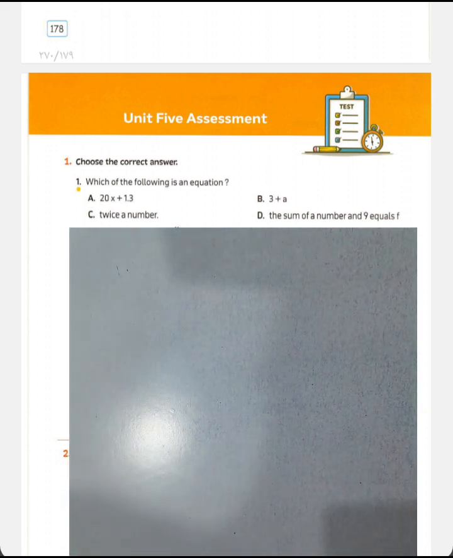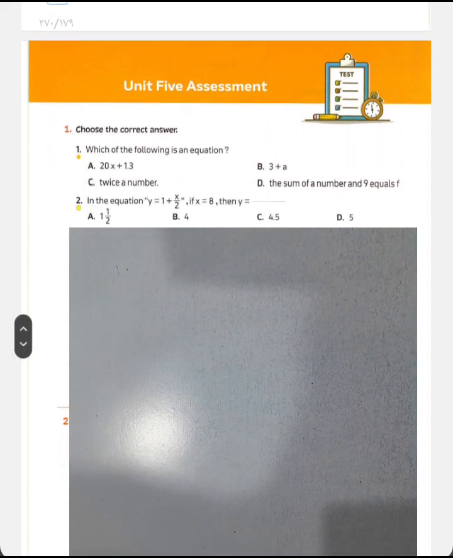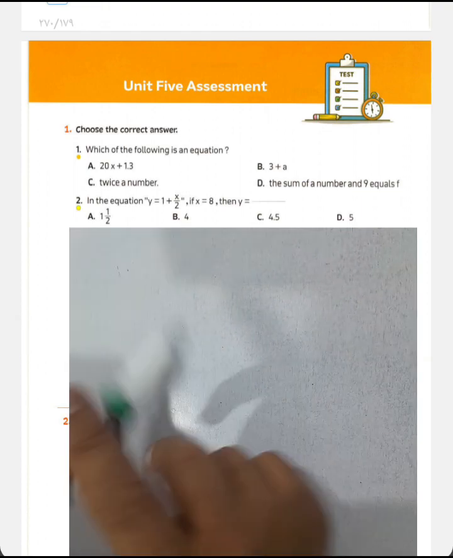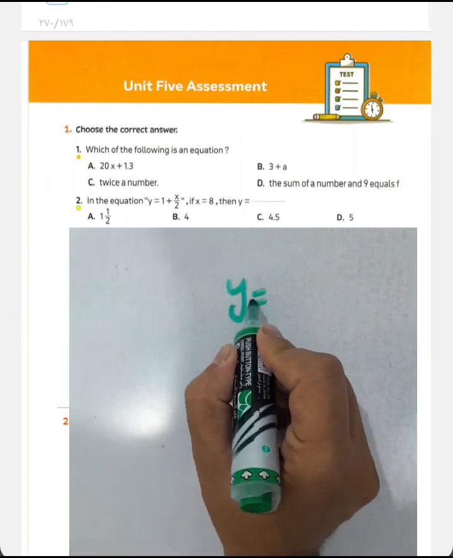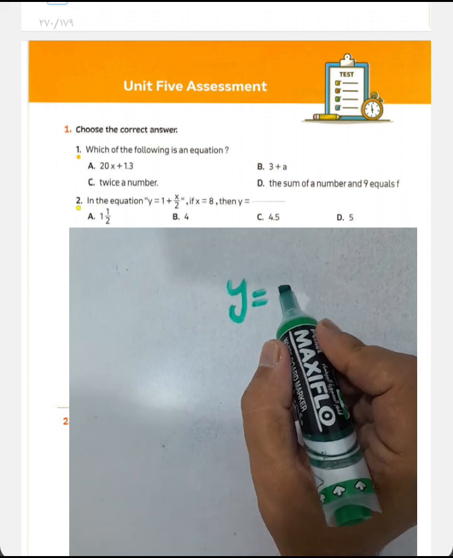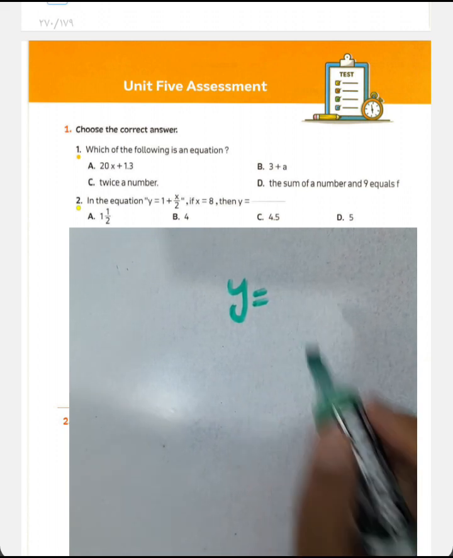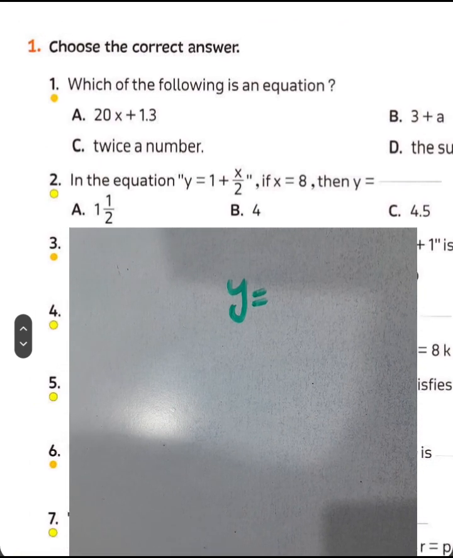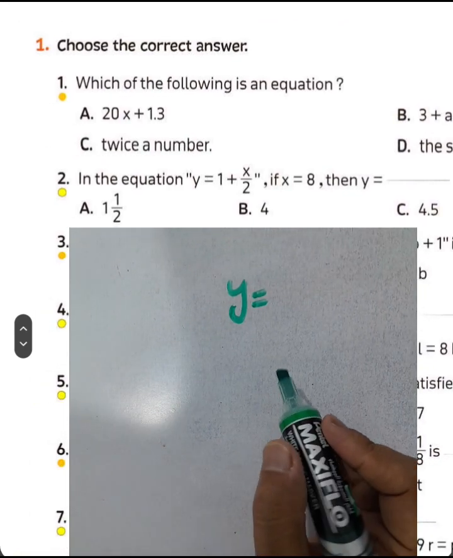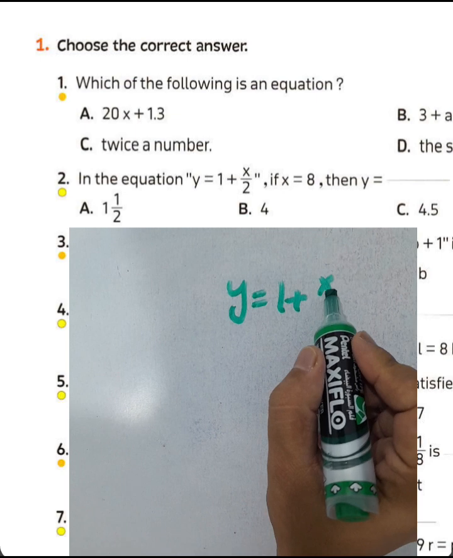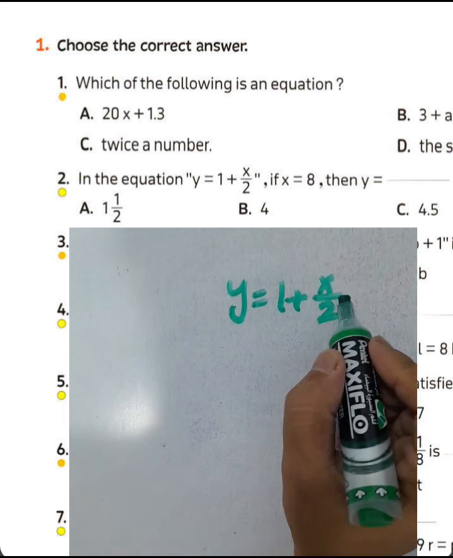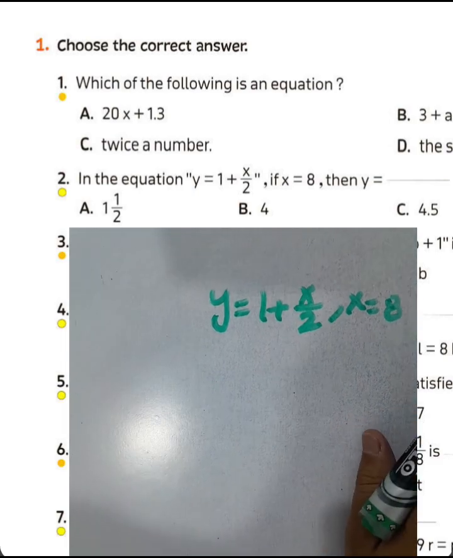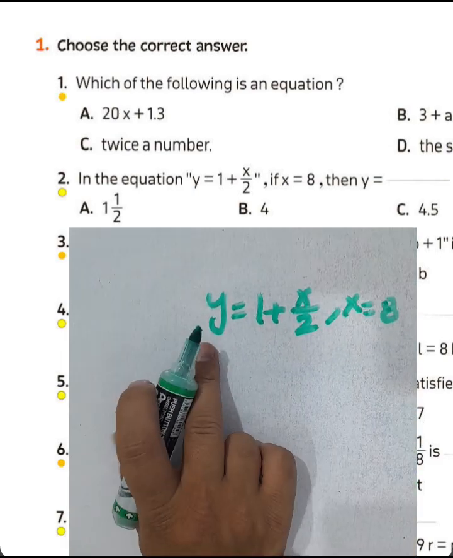Question number 2. In the equation y equals 1 plus x over 2 and x equals 8, who can tell me the value of y here?